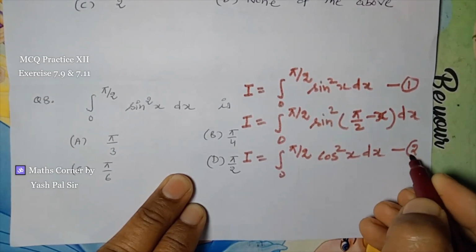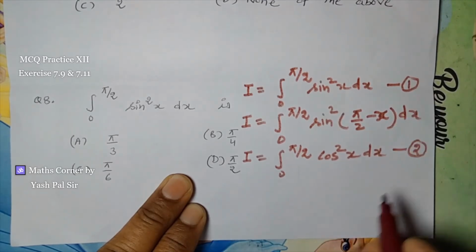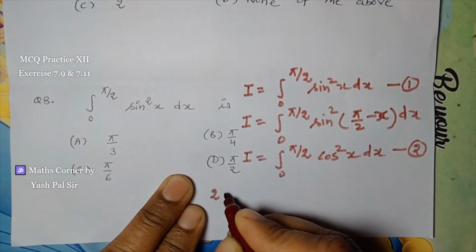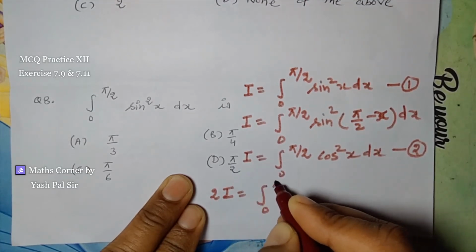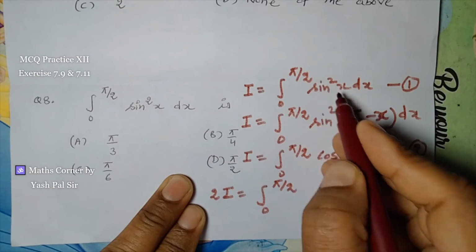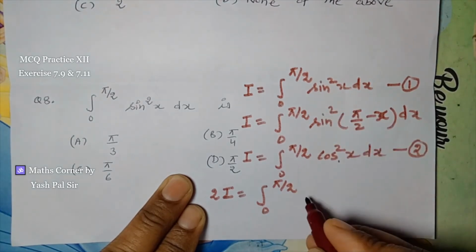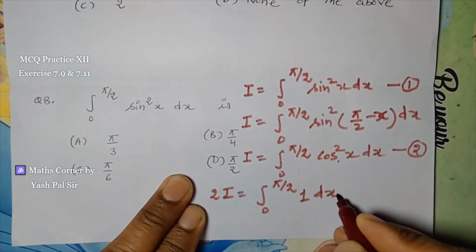Say this is number 2. Now adding number 1 and number 2, we have 2I is equal to integral 0 to pi upon 2 of sine square x plus cos square x, which is 1, so 1 into dx.